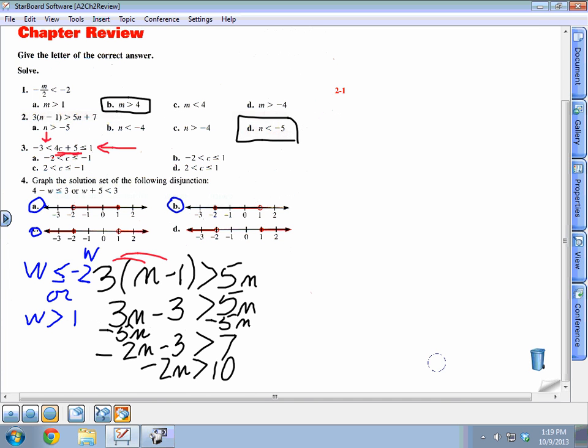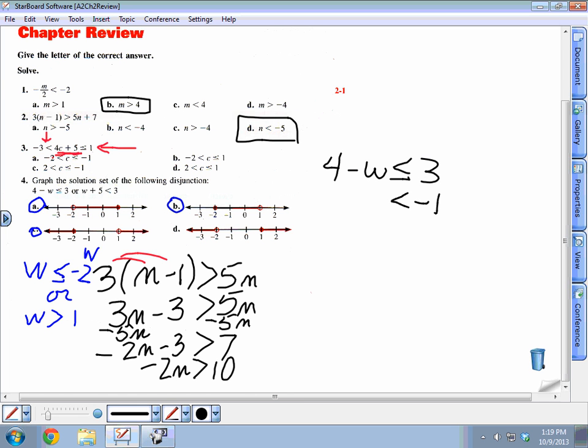Okay. So, let's take a look at 4 minus W is less than or equal to 3. If I were going to solve this one, I would subtract 4 from both sides and multiply both sides by negative 1, or divide by negative 1, either way. And that means I have to flip this sign, right? It goes the other way. And that becomes a positive 1.